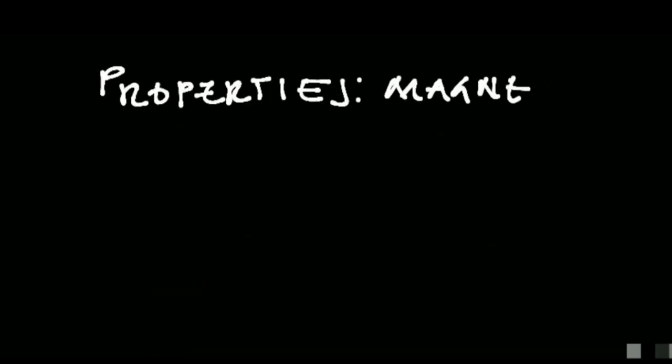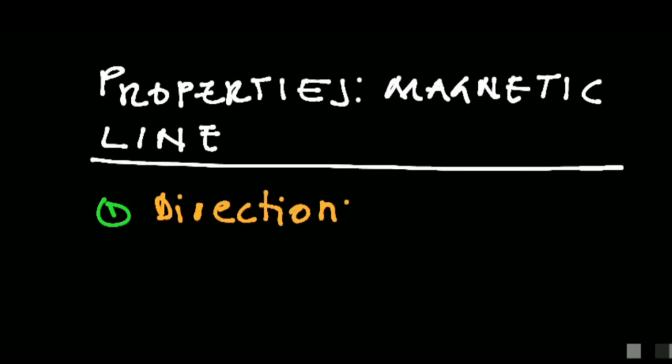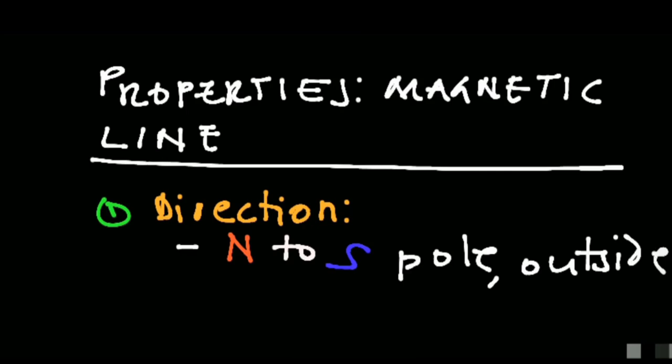Now, these magnetic field lines have properties. So, properties of magnetic lines. Property number 1 is direction. The direction, actually, magnetic lines move from north to south poles of a magnet. Of course, outside.